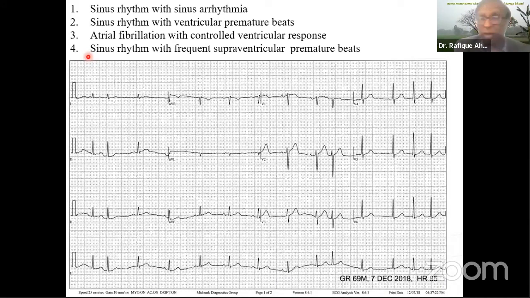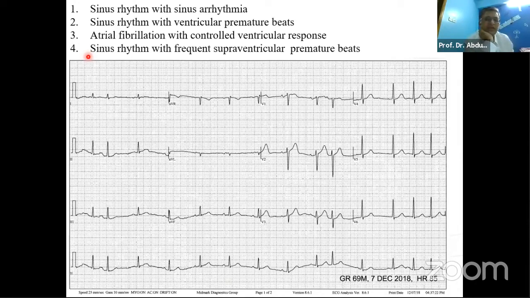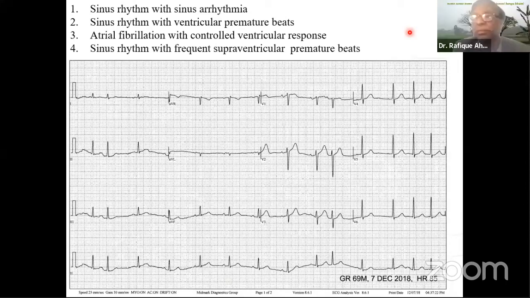Shall we stop here, or do you want to continue to more ECGs? Continue this one, sir. Okay. I think this is working.